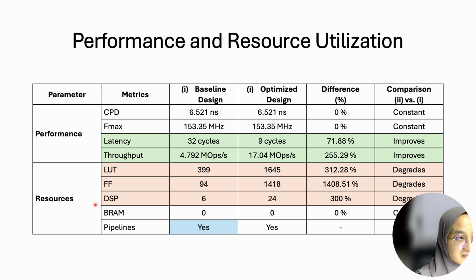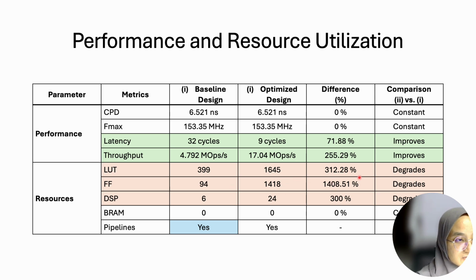However, as we expected, since we are using complete array partitioning, we are introducing a lot more registers. In this case, the number of LUTs, flip-flops, and DSPs has increased significantly.